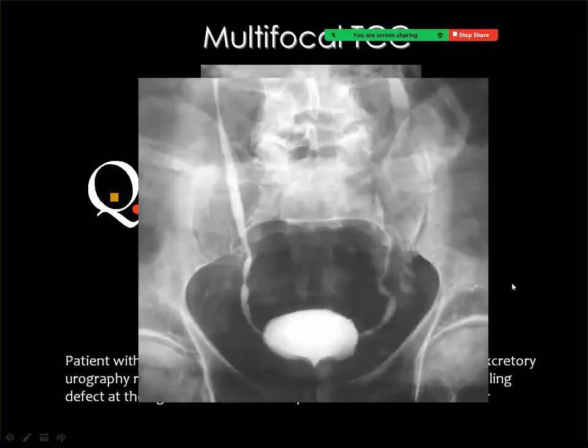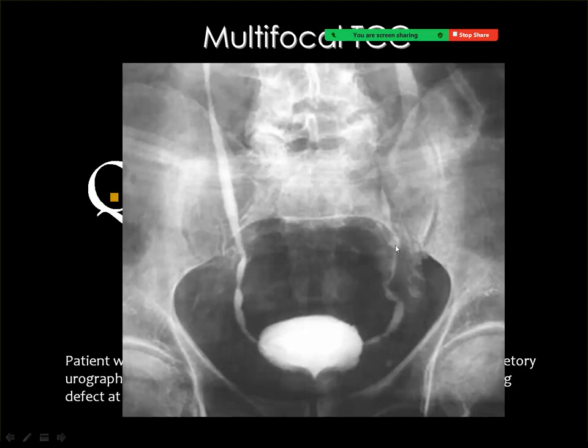Then this is the magnification of this area, and you can see the filling defect. If this is a radiolucent stone, it should be surrounded by contrast from all aspects. If you see that contrast is missing along one of the borders, forget about the stone, and this is a mural lesion.